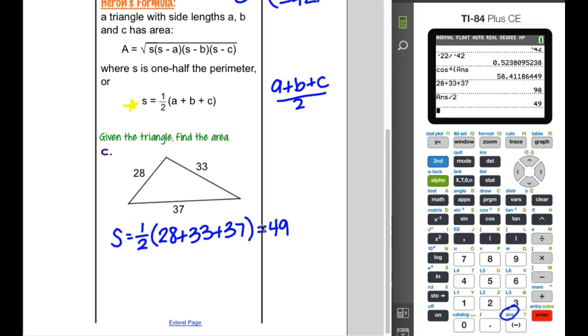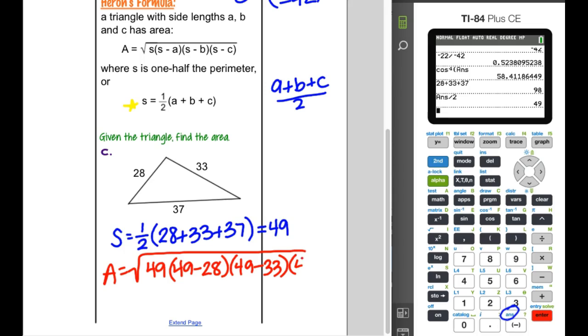We say A is equal to the square root of 49 times 49 minus 28 times 49 minus 33 times 49 minus 37. It doesn't matter which one's A, which one's B, and which one's C, as long as you include all of them. So my suggestion would be calculate these individually.